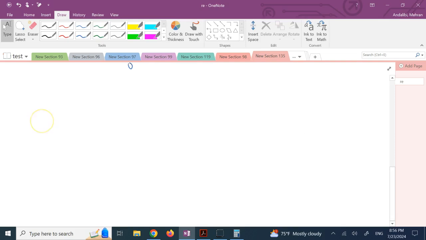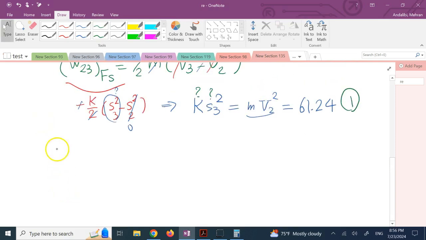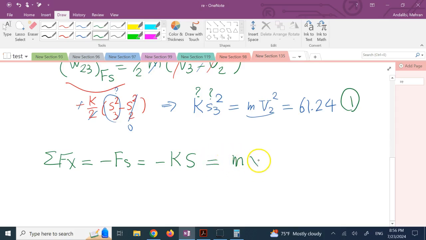So it doesn't matter which one you do. And here, I'm going to write the equation of motion. The sum of forces in the x direction is the negative spring force, and the spring force, as you know, is negative k times s in general. This is equal to mass times acceleration.